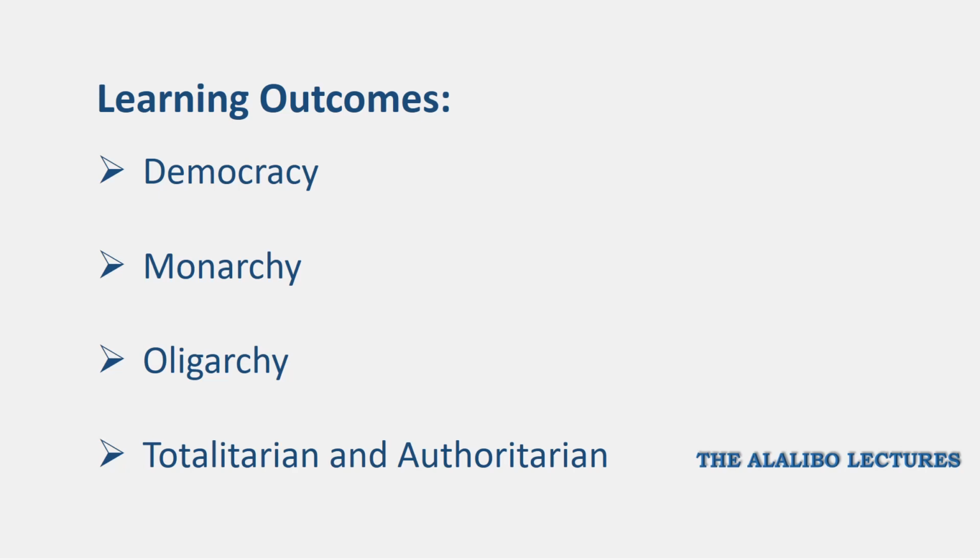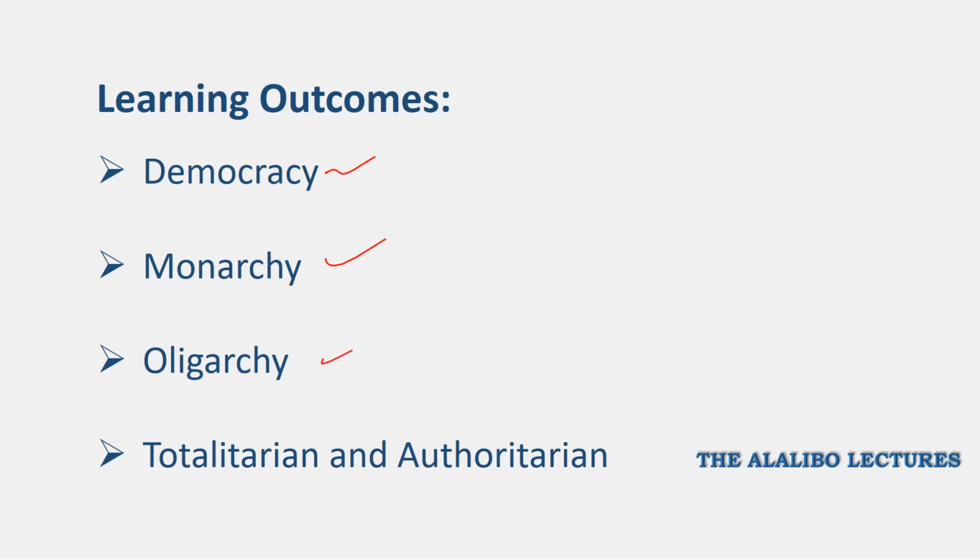All right, so the learning outcomes for today: we're going to understand what democracy is, democracy as a concept and democracy as practice. We're going to understand what monarchy is, and how it fits into this whole structure and framework of governance.